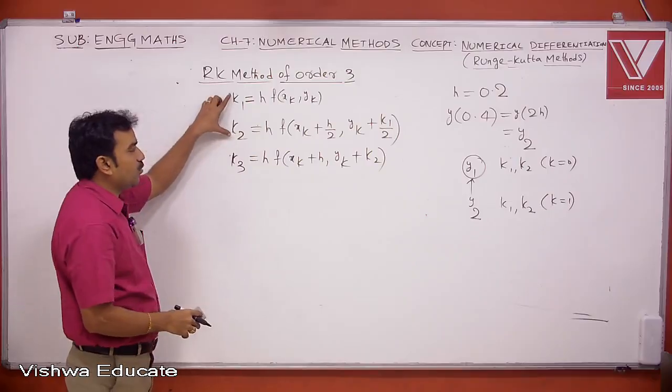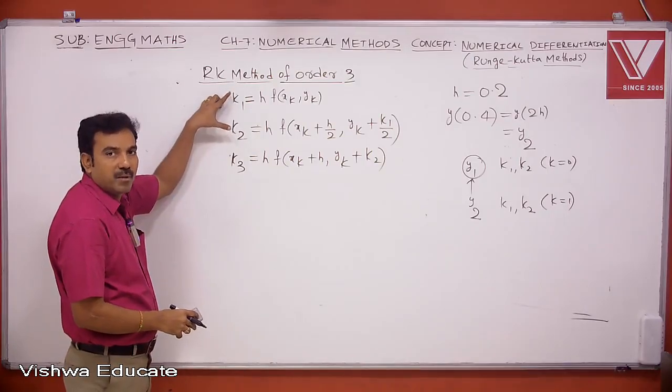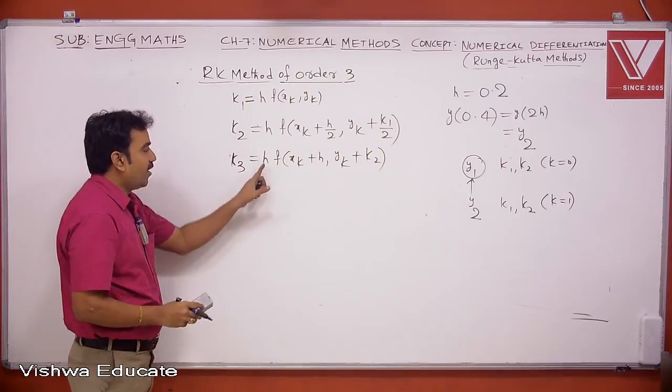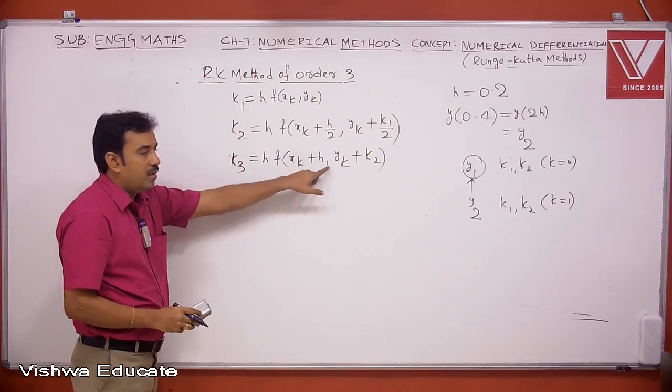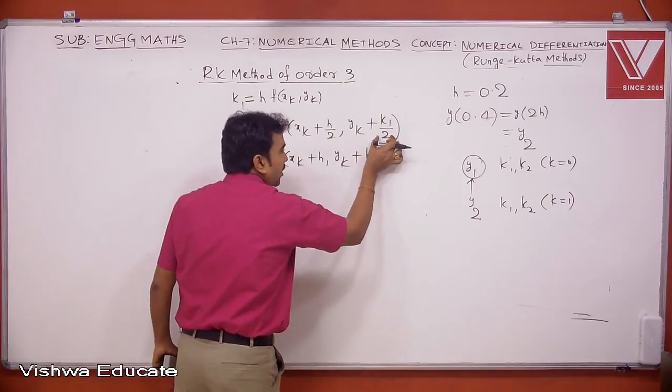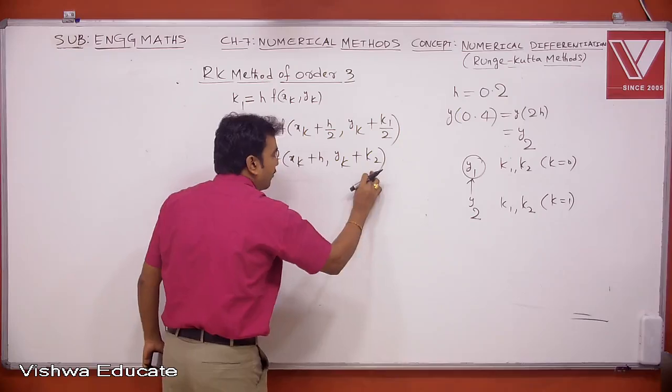So k1 and k2 are the same as what we have seen for method 2, and one more parameter is required, that we call k3. So h into f of xk plus h comma yk plus k2. See, if I write by 2, I need to write by 2 here also. If it is by 1, then I will divide with 1 only.